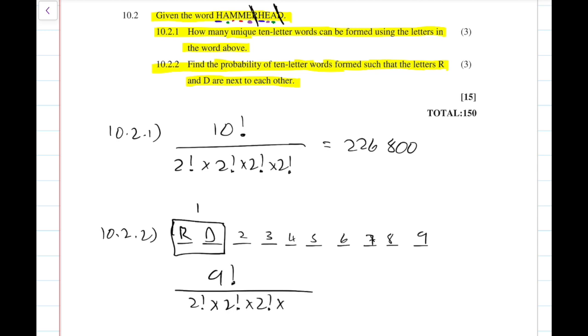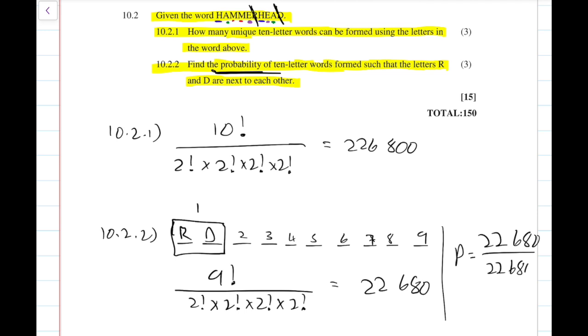So now we just need to put this in our calculator. And that's 22680. Which means they wanted the probability. Our probability is our outcome over the total number of outcomes, which is a perfect 0.1.